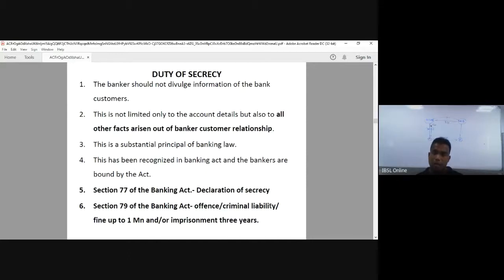These are the sections that you have to remember: section 77, declaration of secrecy; section 79, the punishment for the breach of duty of secrecy. Those are the sections of the Banking Act that you have to remember.